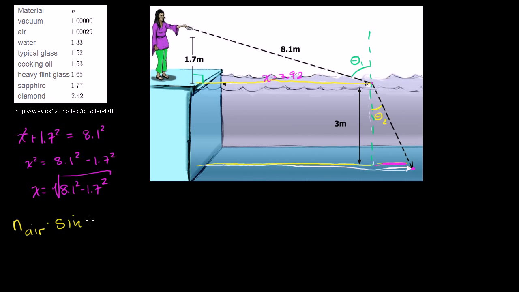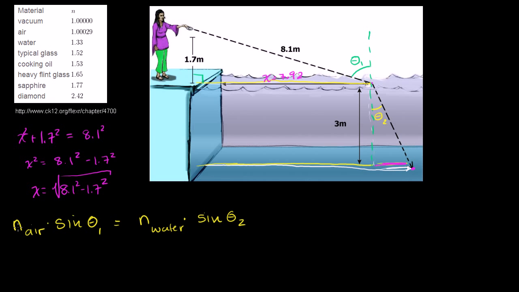This is just Snell's law. So times our incident angle right here is going to be equal to the index of refraction for the water, and we'll put the values in the next step, times the sine of our refraction angle, sine of theta 2.